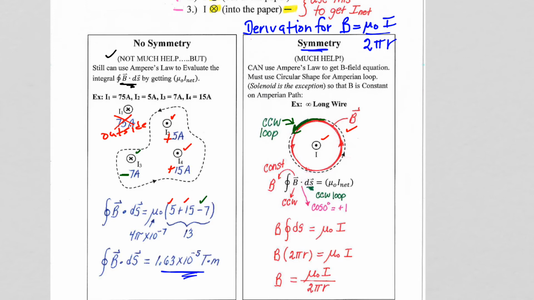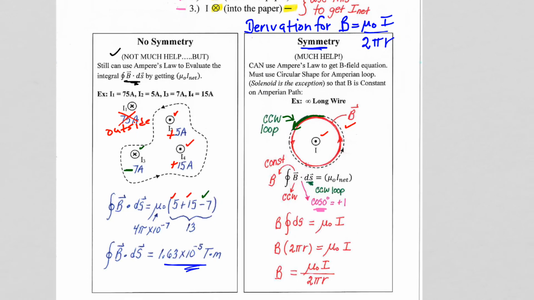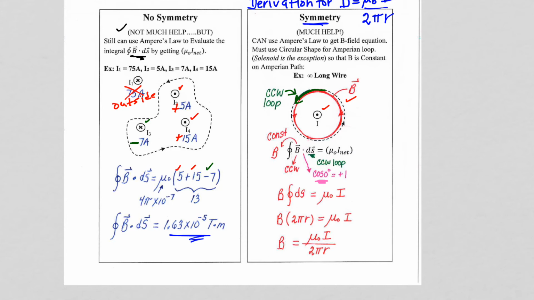We get cosine of 0 between the B field and the ds direction, counterclockwise. There is only one current enclosed. Out of the paper is positive, so I net enclosed is just I.